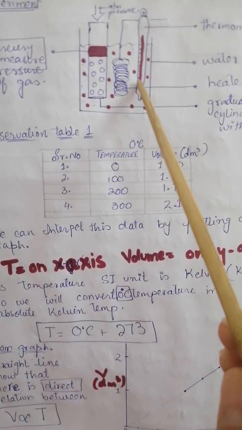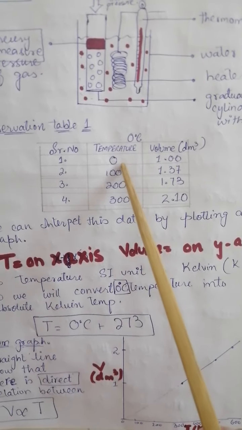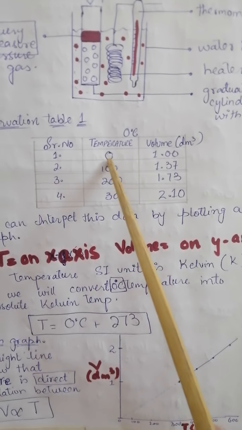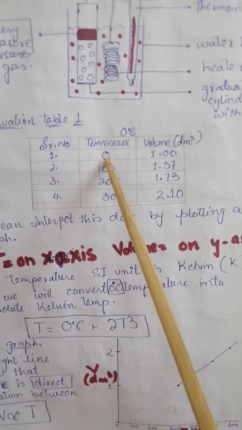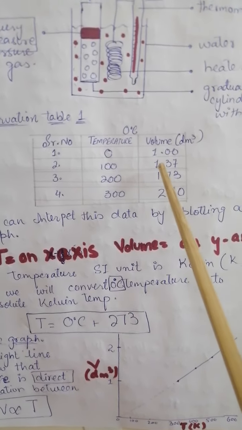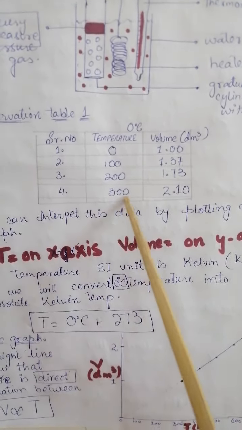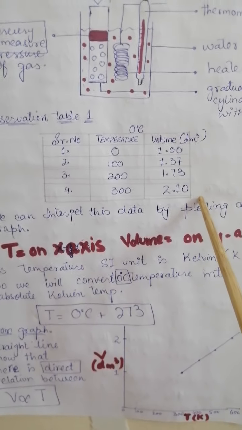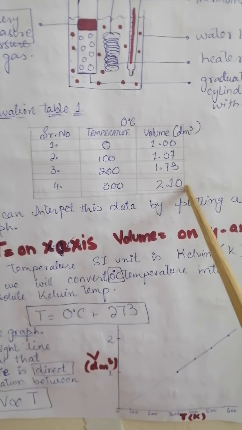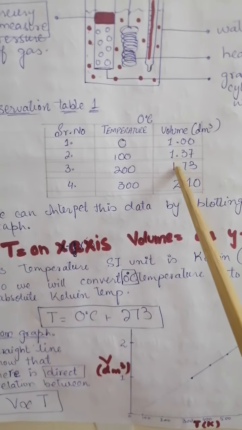As the thermometer only measures temperature in the degree Celsius scale, if you observe the values, you see that at 0 degree centigrade volume is 1, at 100 it is 1.37, at 200 it is 1.73 and at 300 degree centigrade it is 2.10. If you see this table, you can easily interpret that as temperature increases, volume increases.